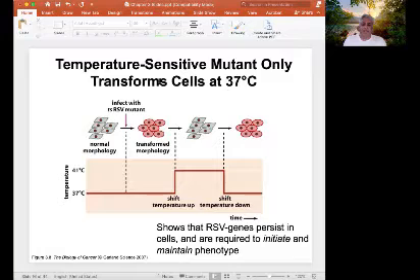Okay, so the permissive temperature is 37 degrees and the restrictive temperature is 41 degrees. So this ability to shift up and down and get the cells to respond tells you that something about the genetics of the virus, or at least its products, the proteins that it carries, must be responsible.